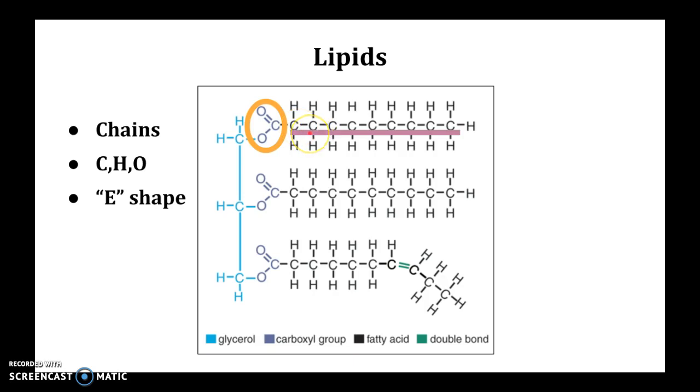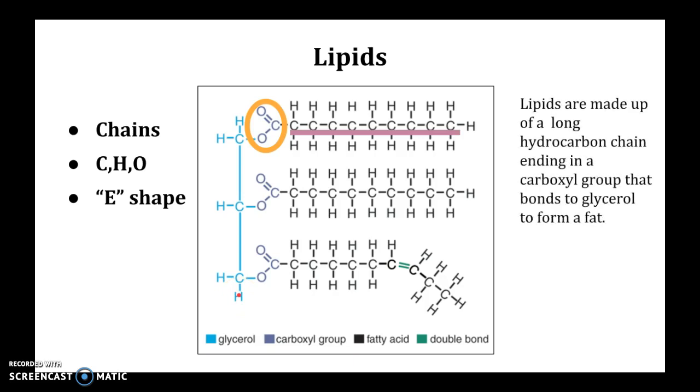The hydrocarbon chain and the carboxyl group are bonded to a glycerol. This is a glycerol. So lipids are made up of long hydrocarbon chains ending in a carboxyl group that bonds to a glycerol to form a fat.